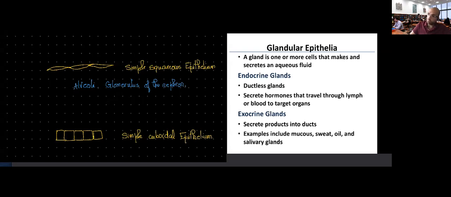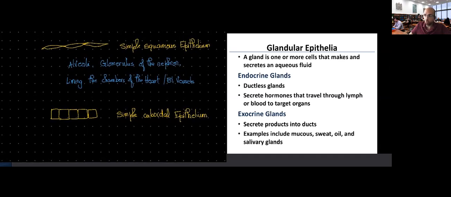Where else did we need a minimal resistance? In the blood vessels, in the chambers of the heart. So lining the chambers of the heart, lining the blood vessels, I need to have a minimal friction against the blood flow. So those are going to be lined with one row of flat cells.